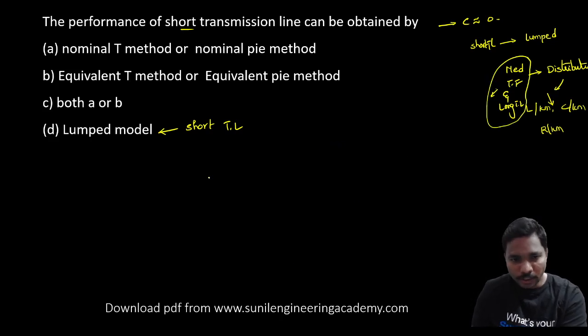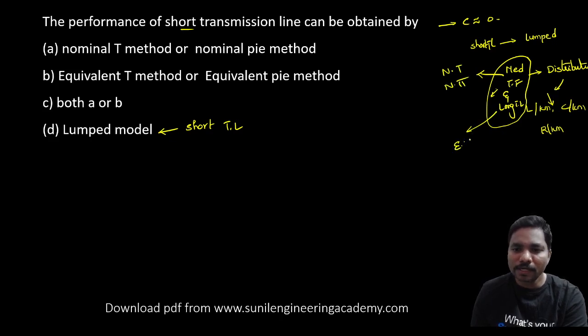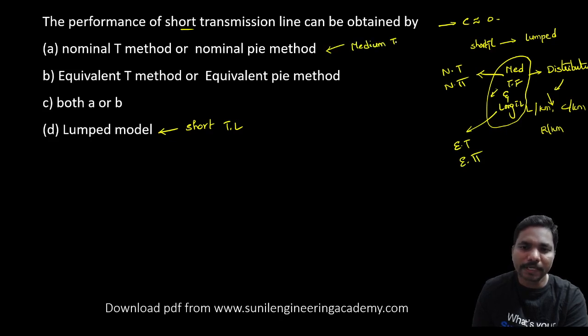For medium transmission lines, we go with the nominal T and nominal pi methods. For long transmission lines, we go with the equivalent T and equivalent pi methods. Very important, guys. So the answer is option D here.